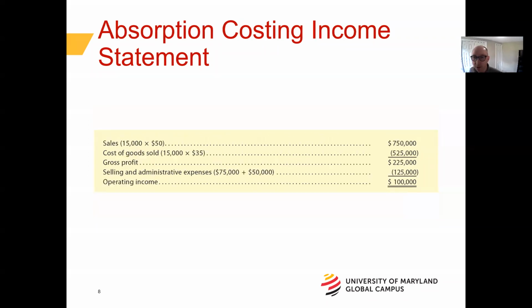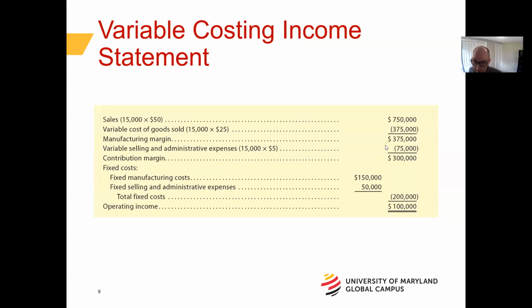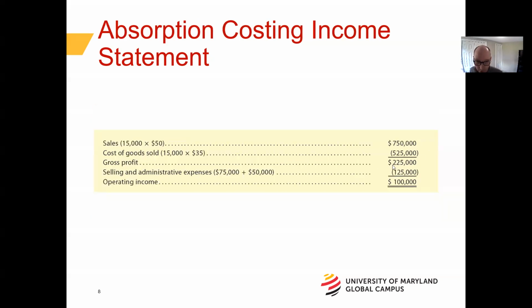Interesting. We see the operating income is the same. That makes sense. It should be the same. But the difference here comes under our contribution margin or our gross profit.